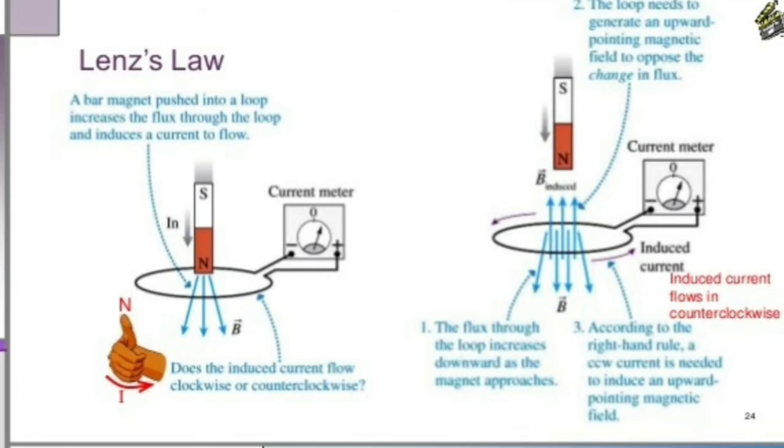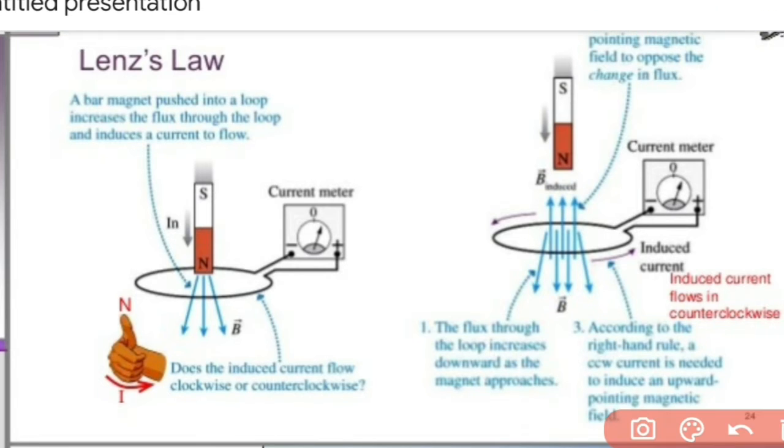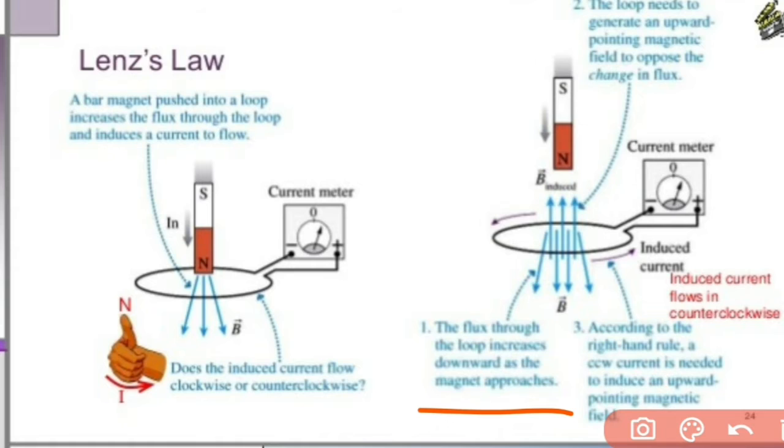Here the magnetic flux increases. According to the right hand rule, counterclockwise current is needed to produce a magnetic field in the upward direction. That is how we get the induced current in the counterclockwise direction.